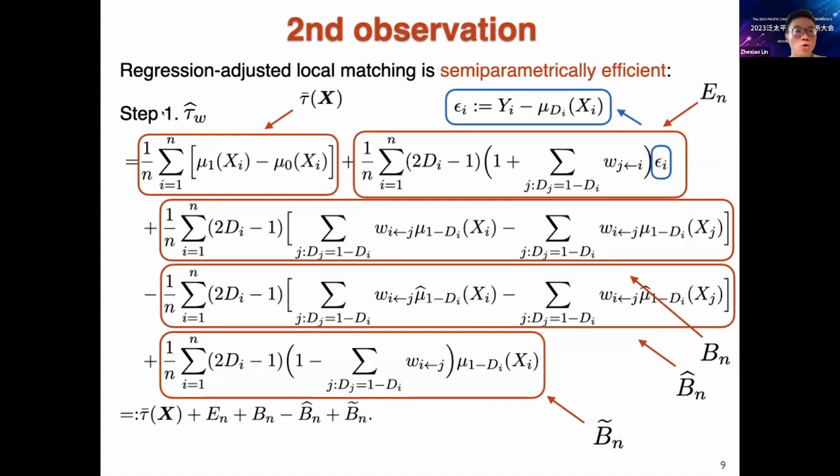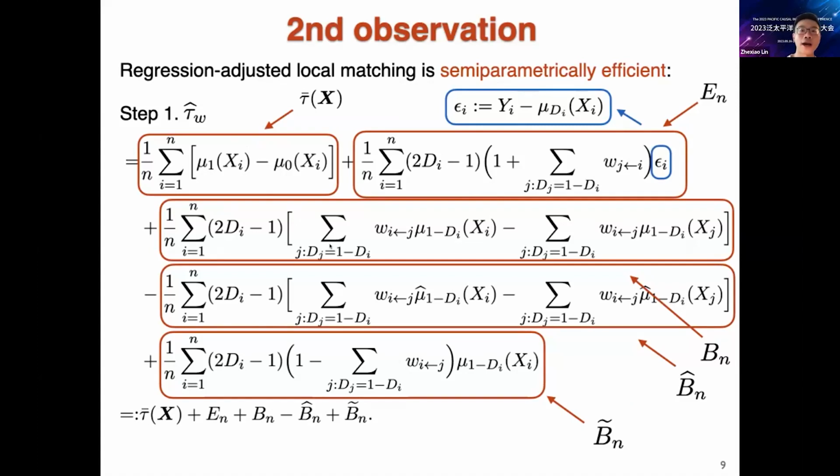So we can decompose the estimator into several terms, and we'll have some insights on why this one is semi-parametrically efficient. The first one is the average of the difference of the true outcome models. The second one is the error term, and the third one is a bias term.